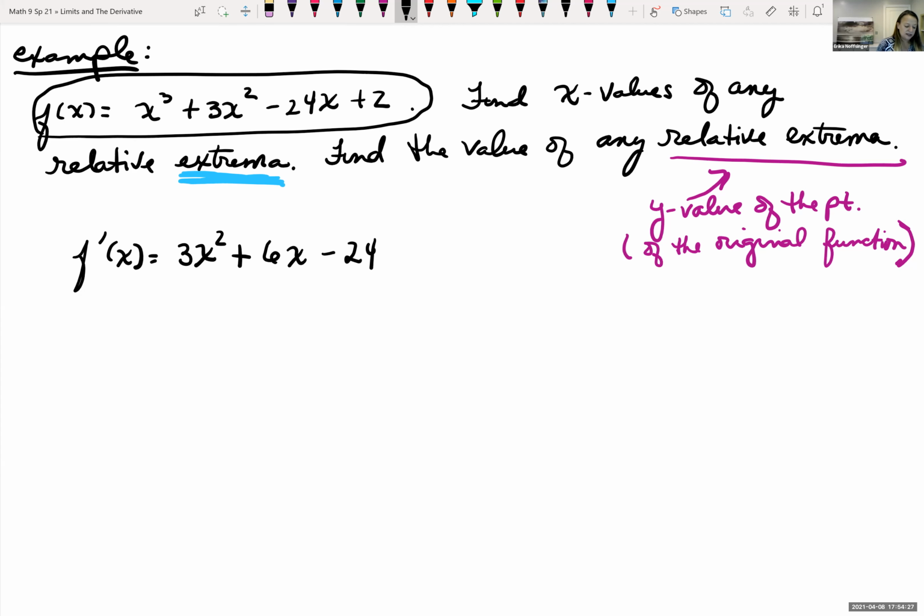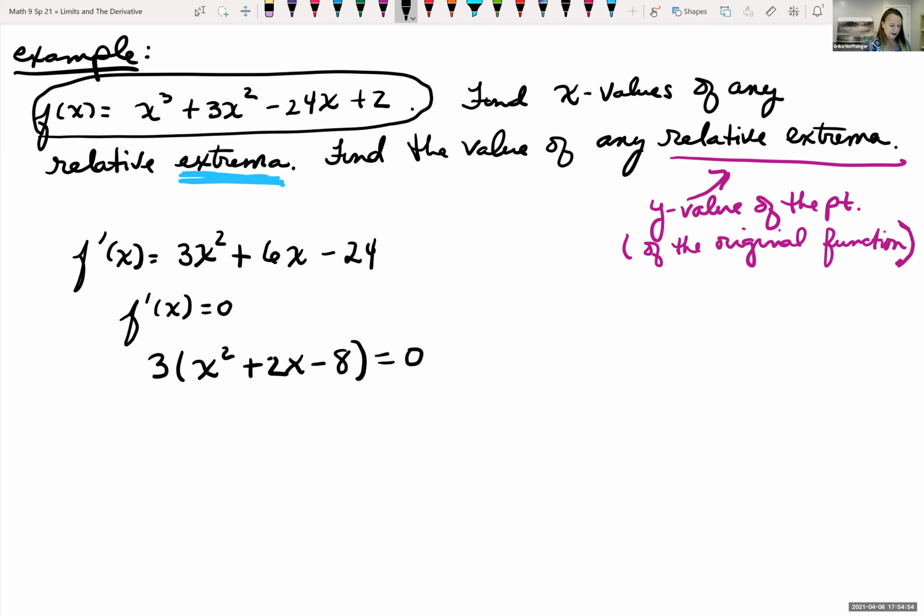So we're looking at where this is equal to 0 and where it is undefined. This is defined everywhere, so we don't have to worry about that. So we want to look at when f prime of x is equal to 0. When I set this equal to 0, let's factor out a 3. There's a 3 in common with 3, 6, and 24. That would give us x squared plus 2x minus 8 equals 0.